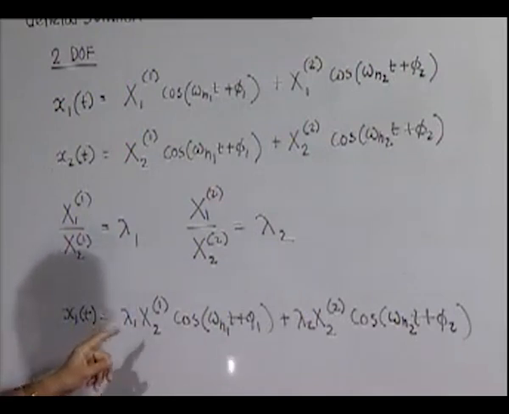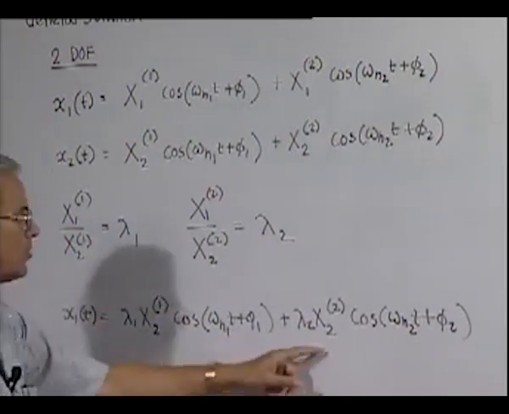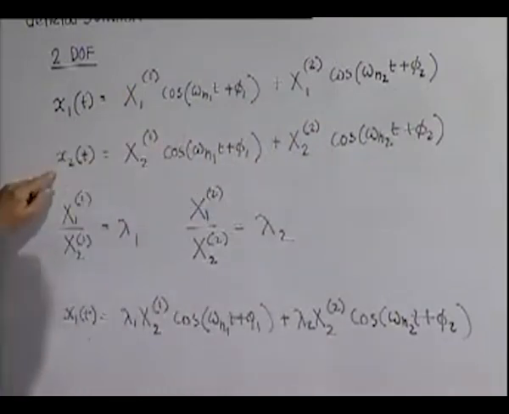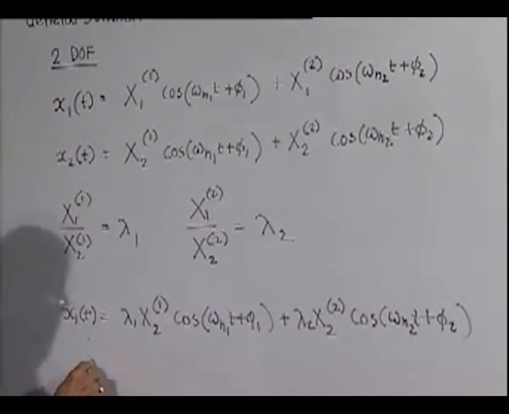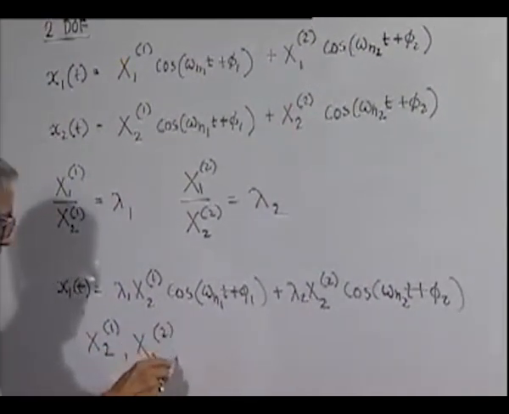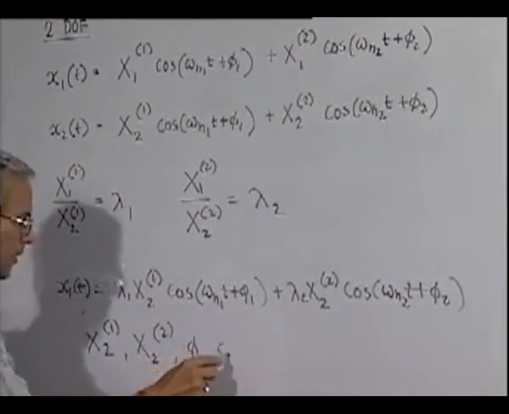So, how many unknown quantities will we be handling? Because these things will be known after solving the natural mode oscillations, lambda 1 and lambda 2 will be known to us. So, they are not unknown quantities. Unknown quantities will be x21, x22, phi 1 and phi 2.